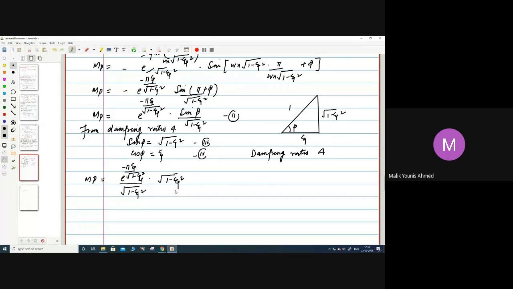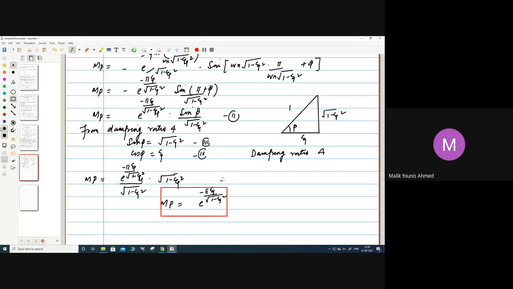So therefore maximum overshoot can be written as e raised power minus pi xi divided by under root of 1 minus xi square. Okay. From the damping ratio triangle, we are getting this expression. So this is the expression we need to box. This is a very good expression.